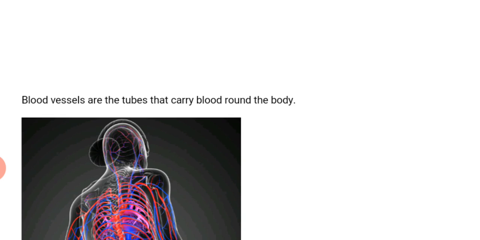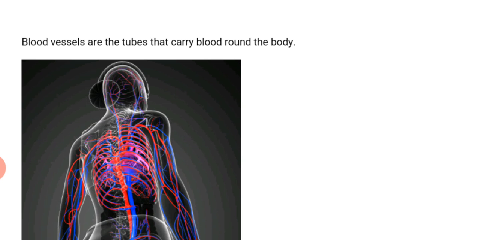What are blood vessels? Blood vessels are the tubes that carry blood around the body. An example of this is the pipe that carries the water in our various homes.